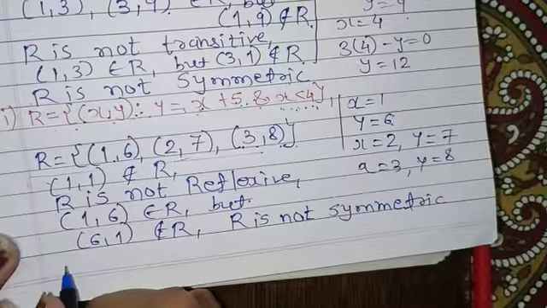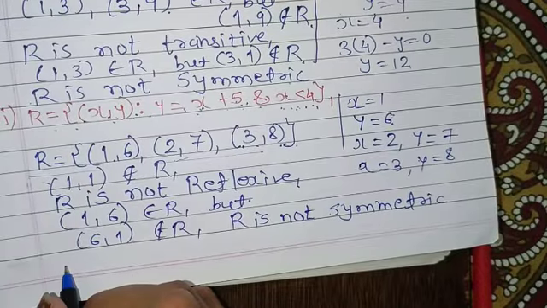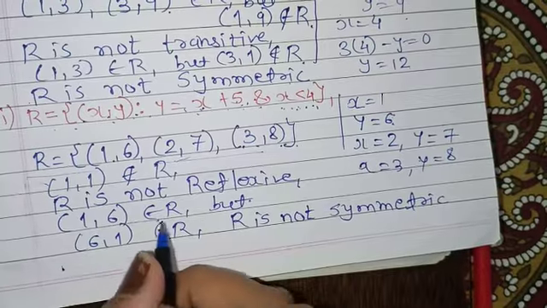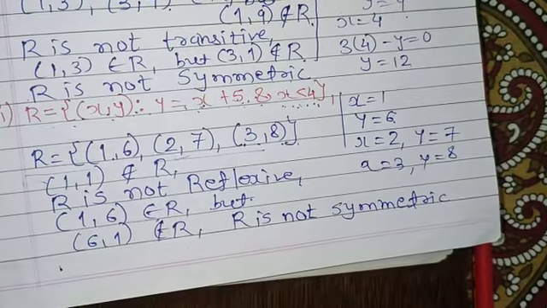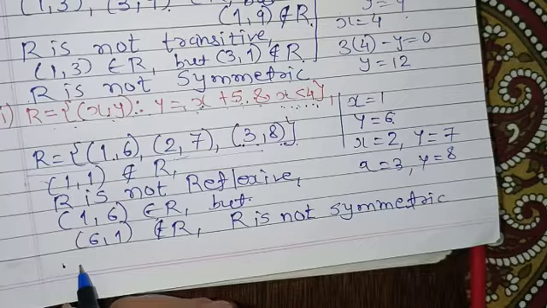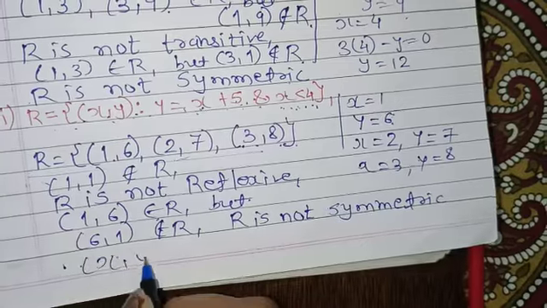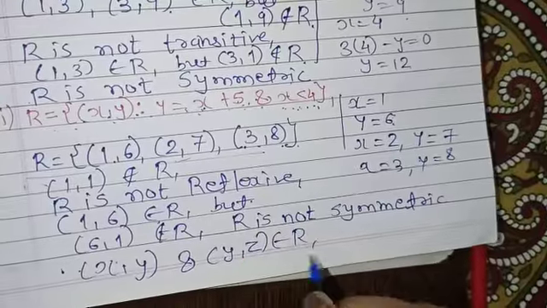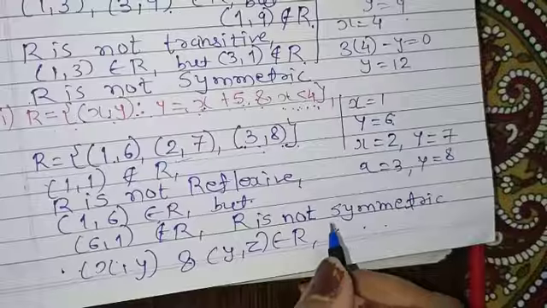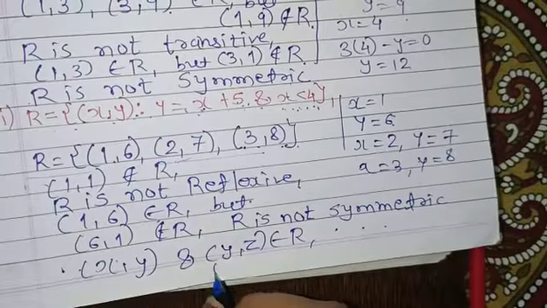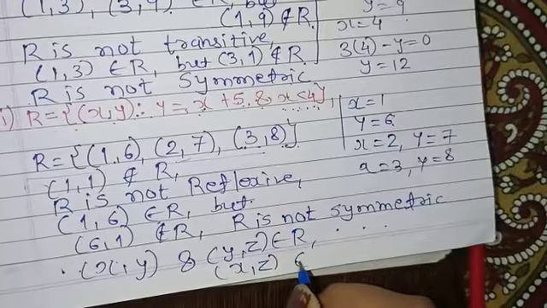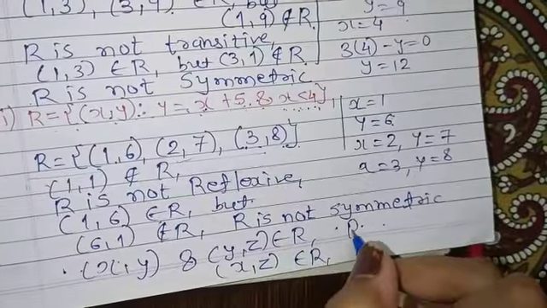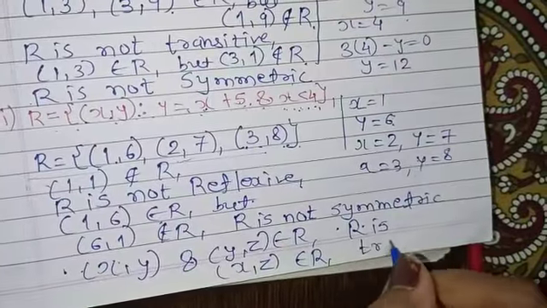Next, we check for transitive: (x, y) and (y, z) belong to R. Since there is no pair in R such that (x, y) and (y, z) both belong to R, the condition holds vacuously, that's why R is transitive.